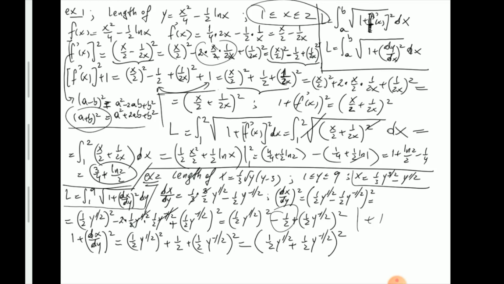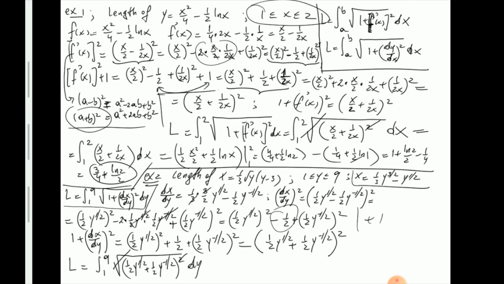So let's set up the integral, and I'm going to leave it as an exercise at the end. I'll give you the answer. The length is going to be the integral from 1 to 9 of the square root of 1/2 y to the 1/2 plus 1/2 y to the minus 1/2, squared, dy.